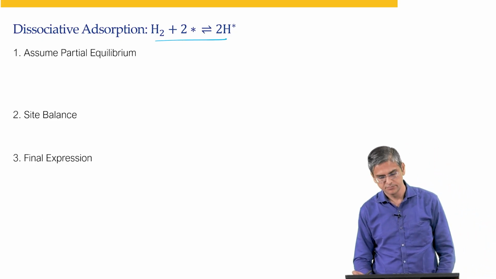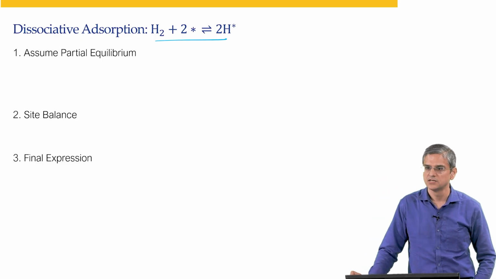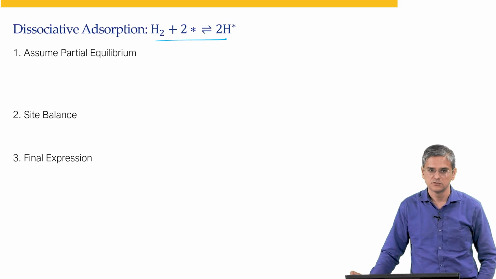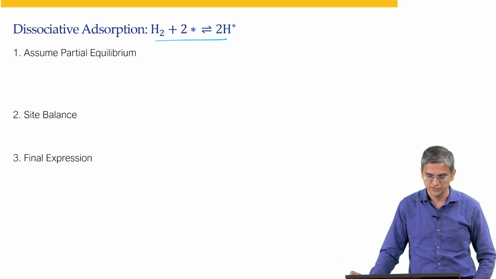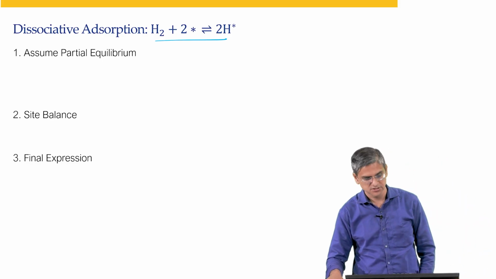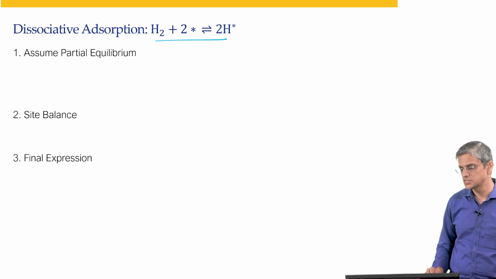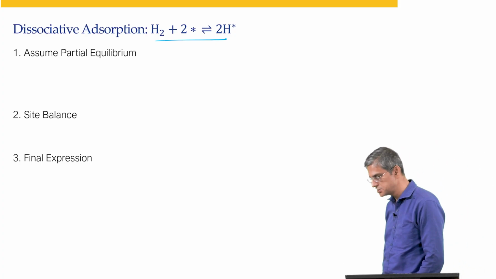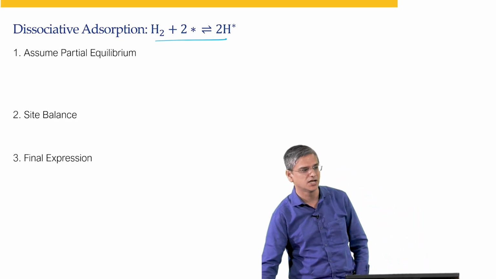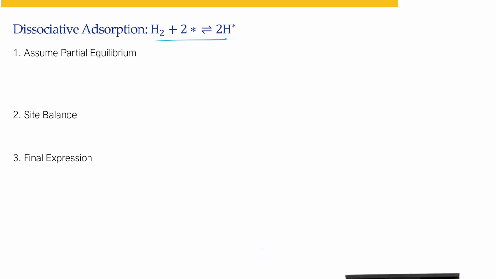dissociative adsorption. Write down partial equilibrium and express theta H star in terms of theta star and partial pressure of H2. Okay. This is where there is going to be a certain amount of confusion. Remember the definition of partial equilibrium, it is based on the reactions small rf and small rb, not capital R. Stoichiometry does not feature in small r.